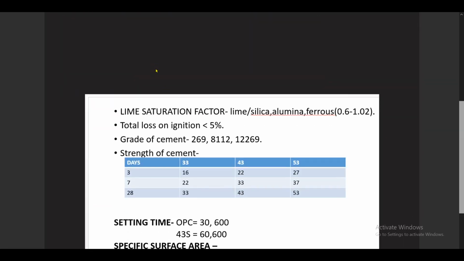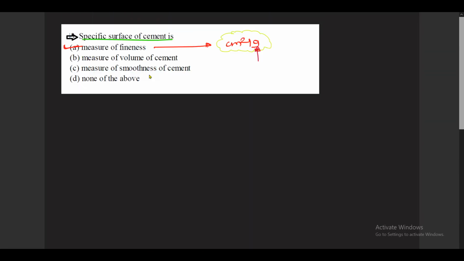And why is this specific surface important? Because it is important as far as strength development is concerned. The more the fineness, the more this surface area value, and in that case the rate of hydration will be higher.